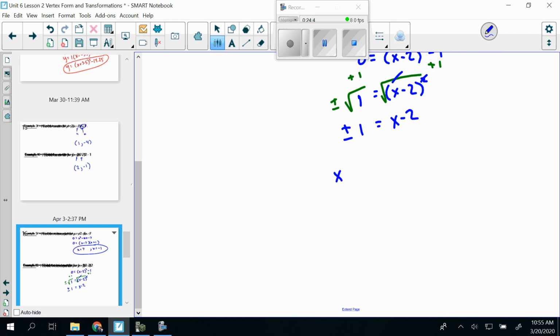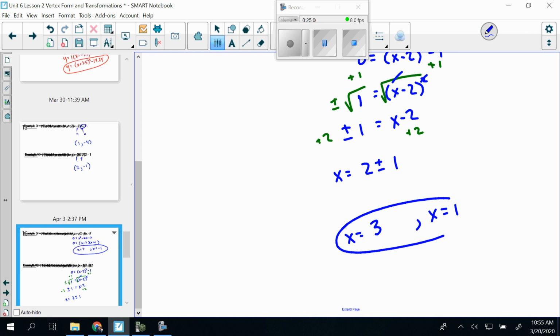We solve by adding 2 to the other side. So we get 2 plus or minus 1. The answers to this one would be 2 plus 1 is 3, 2 minus 1 is 1. So the answers would be 3 and 1.